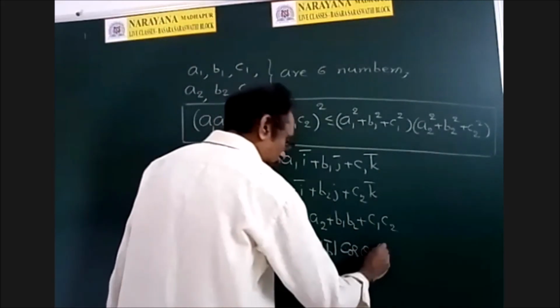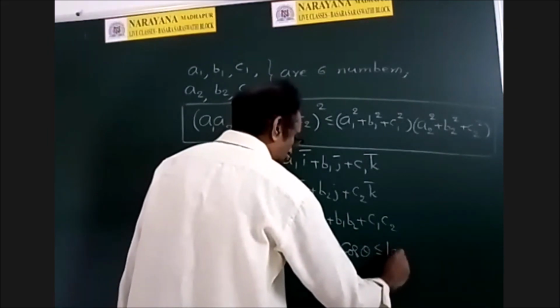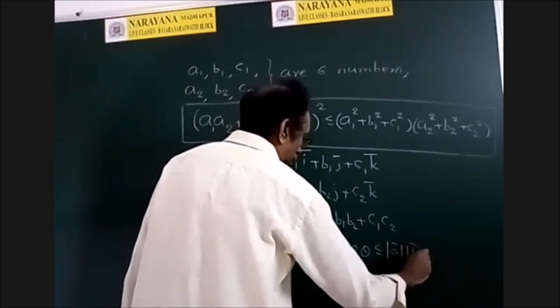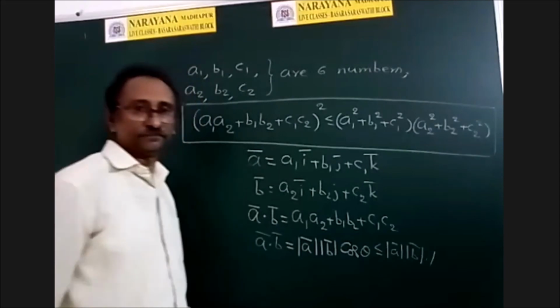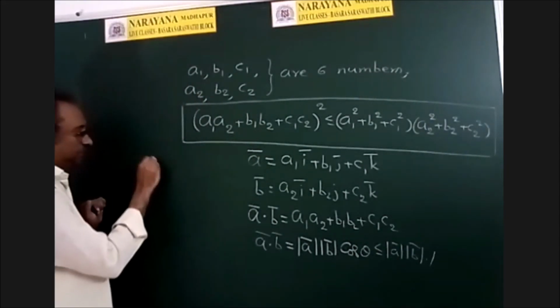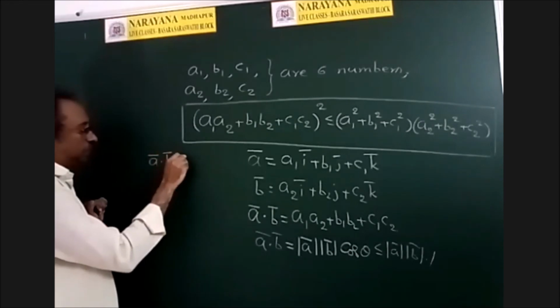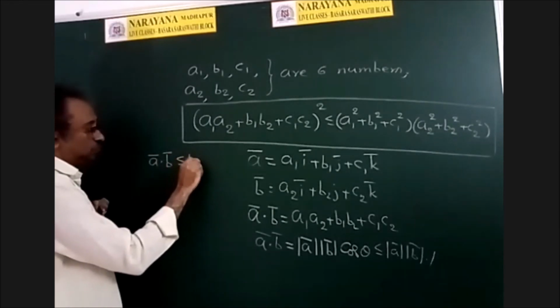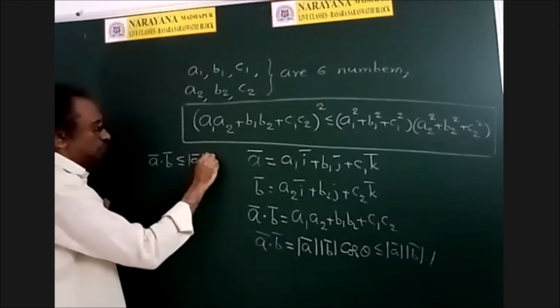That is 1. So it is less than or equal to mod A bar into mod B bar into 1 only. Therefore, we got a standard result that A bar dot B bar is less than or equal to mod A bar into mod B bar.